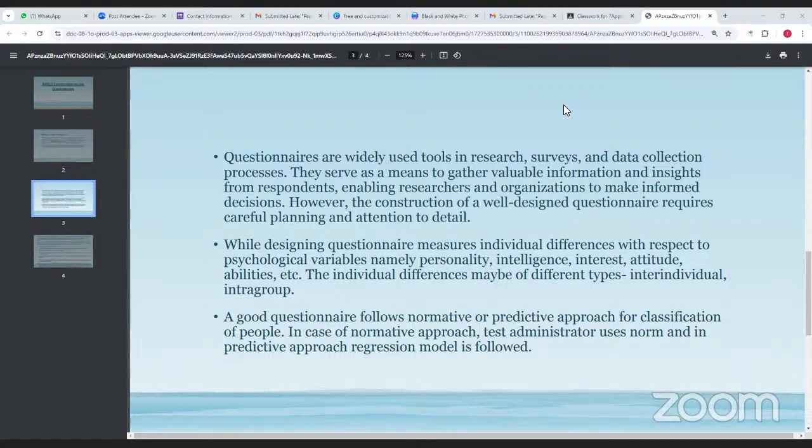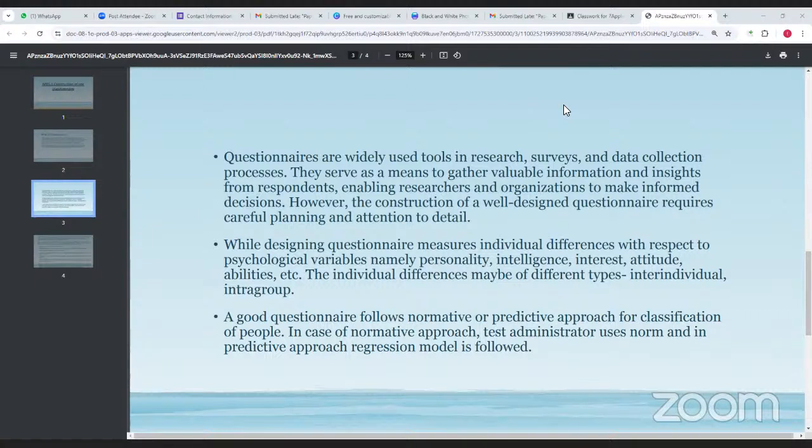While designing a questionnaire to measure individual differences with respect to psychological variables, namely personality, intelligence, interest, attitude, abilities, etc., the individual differences may be of different types such as inter-individual and intra-group. A good questionnaire follows a normative or predictive approach for classification of people. In the normative approach, the test administrator uses norms, and in the predictive approach, a regression model is followed.